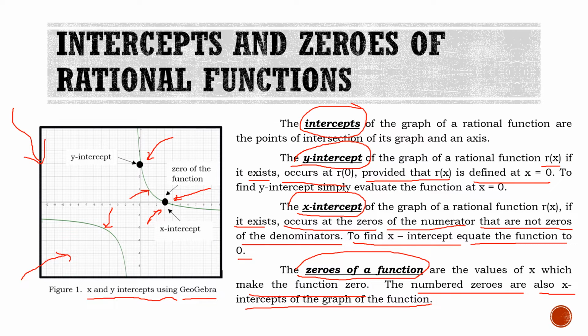The y-intercept represents the point of intersection between your y-axis and your curve, and the x-intercept will represent the point of intersection between your curve and your x-axis. And simply by applying again the definition of zeros of a function, it is simply your x-intercept.